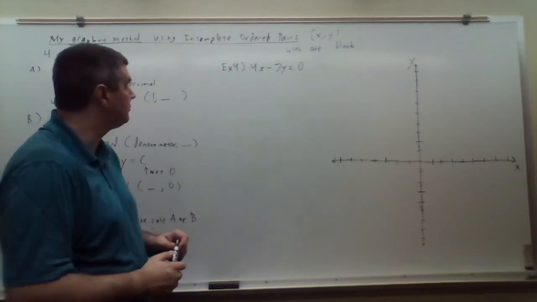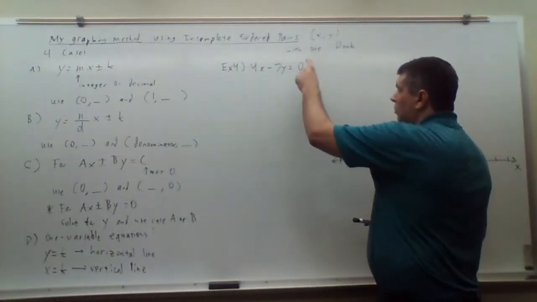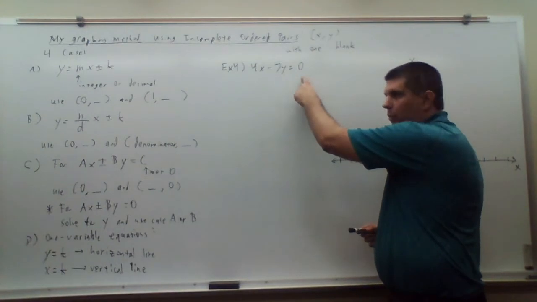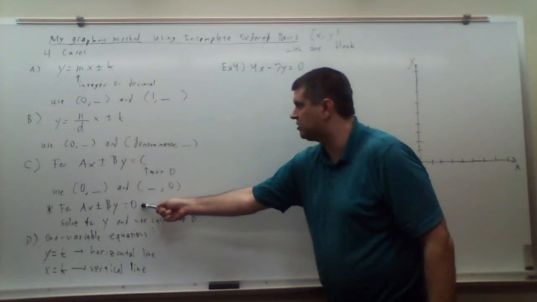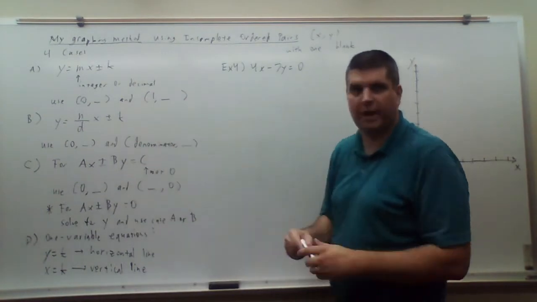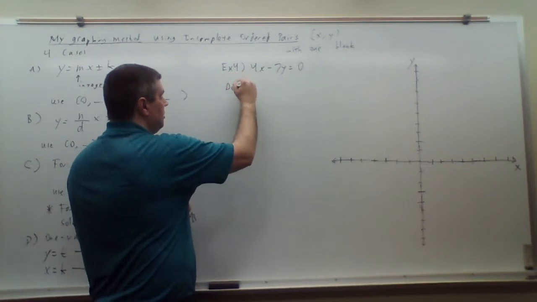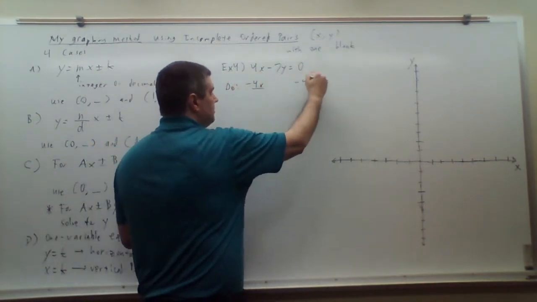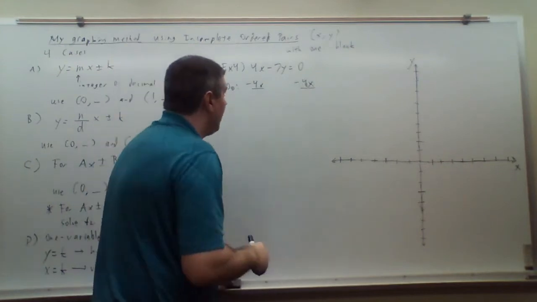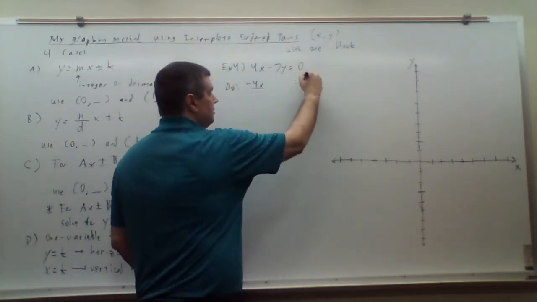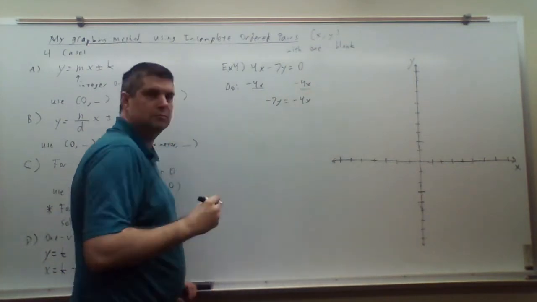Now what I did is I took, for example, 4, instead of what I had before, I now have 0, making it match that, which will give me one of these two cases when I solve for y. So I will subtract the 4x. Negative 7y equals negative 4x.